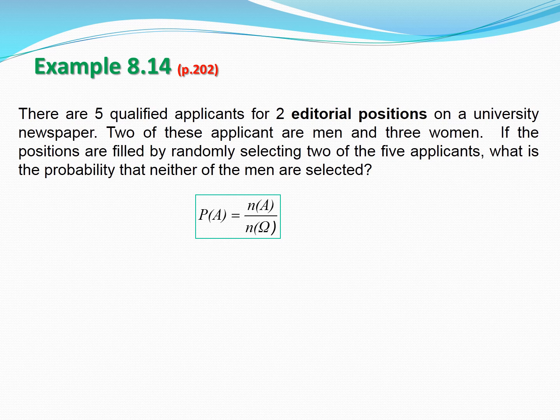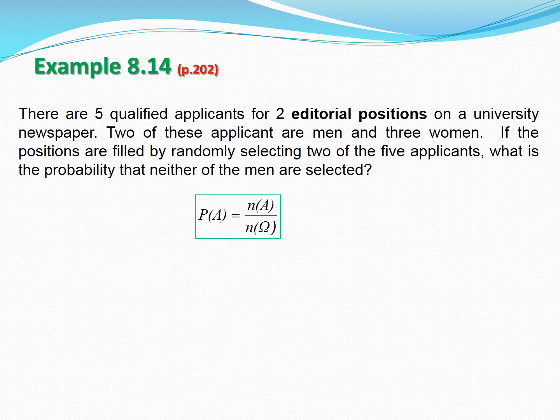They ask you for a probability. So we are going to use combinations to determine the number of outcomes in event A and the number of outcomes in your sample space. So if we look at the sample space, first of all, that's the easiest place to start. They tell you that they will select 2 from 5 applicants. So that's my total.